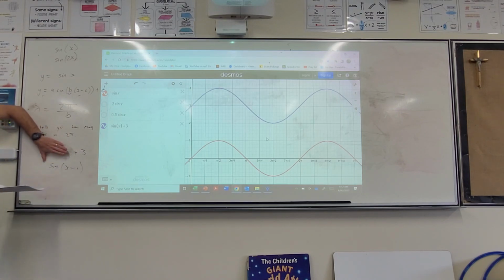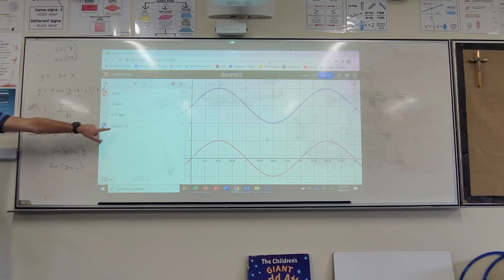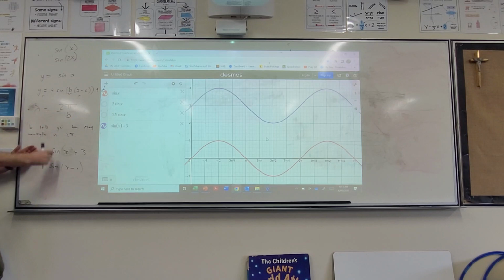Sine of x, it's like BEDMAS, right? Function and then plus 3. If there's brackets, okay, you need to keep the brackets with it. All right, so just make sure you copy whatever form they've got. You put that in your calculator, as I've put it in Desmos, it'll understand it. All right, so what's this one saying? It's saying if we have y equals sine x, here's the y value plus 3.